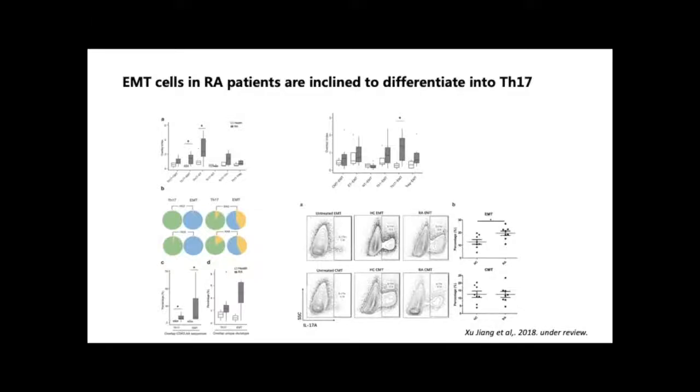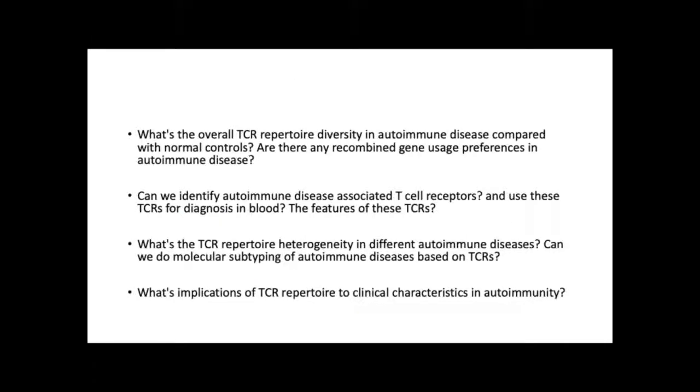We want to look at, firstly, what's the overall diversity in autoimmune disease? This is an open question. Also the gene usage bias, the preference. But mostly, can we identify autoimmune disease-associated T cell receptors and use these T cell receptors for diagnosis in the blood, this non-invasive diagnosis?